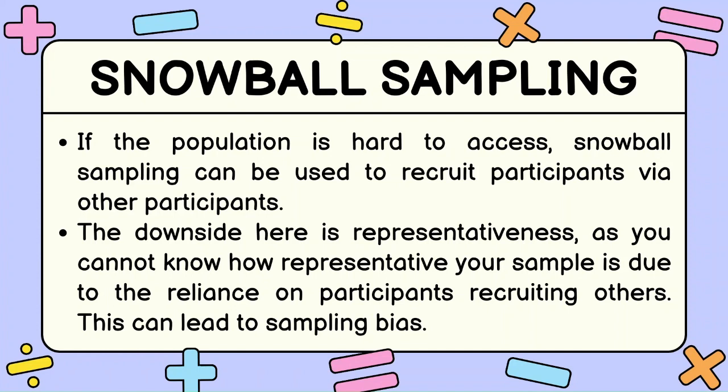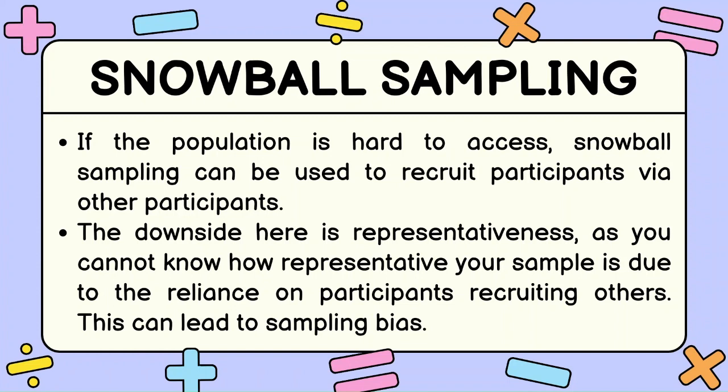Okay. Now we have the last type, which is the snowball sampling. If the population is hard to access, snowball sampling can be used to recruit participants via other participants. Snowball sampling is a recruitment method in which the participants selected by the researcher will help the researcher to gather new participants.